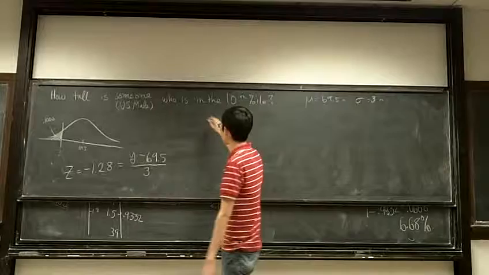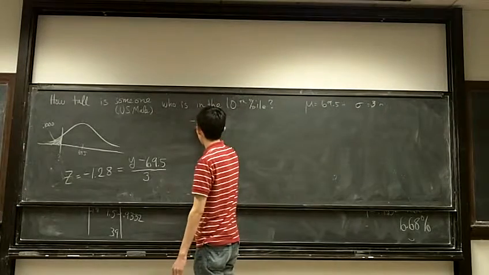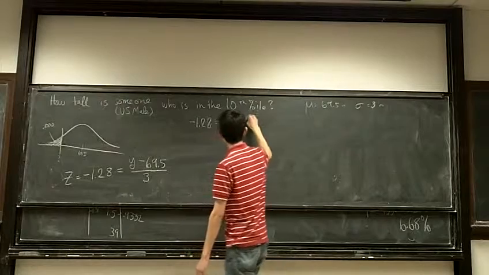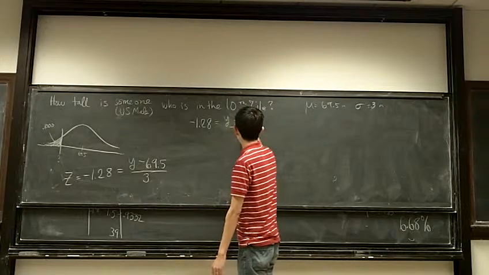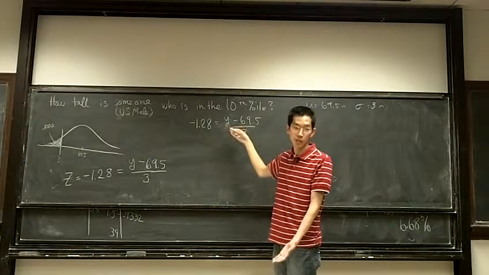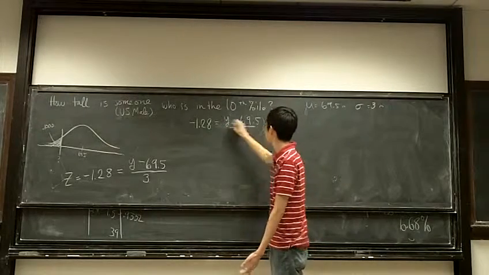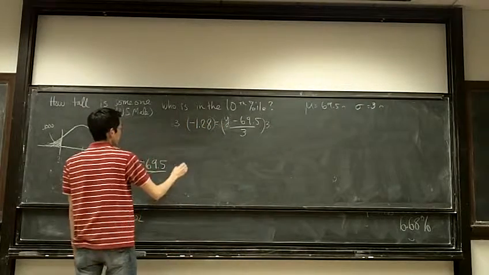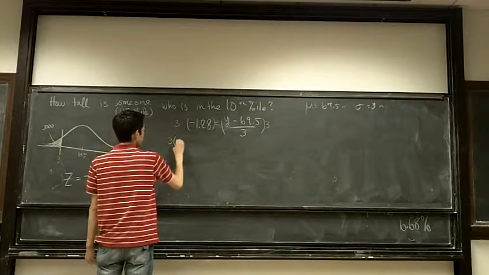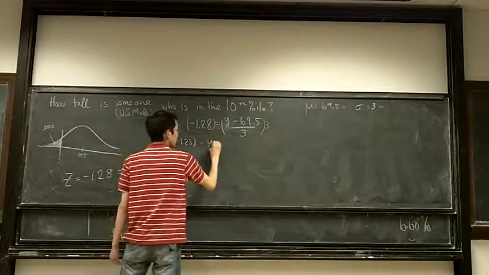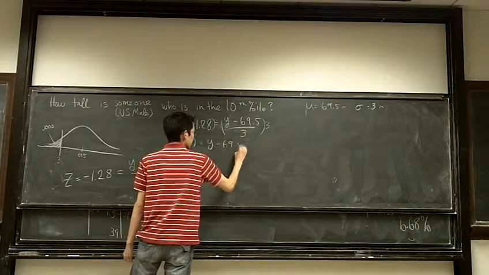Okay, so here I'm just going to rewrite this. I've got negative 1.28 is equal to y minus 69.5 divided by 3. Okay, so now solving for y, it's just an algebra problem. We multiply both sides by 3. So I have 3 times negative 1.28 is equal to y minus 69.5.